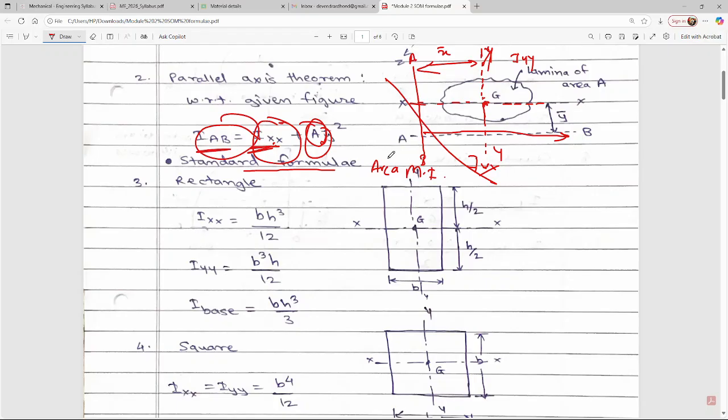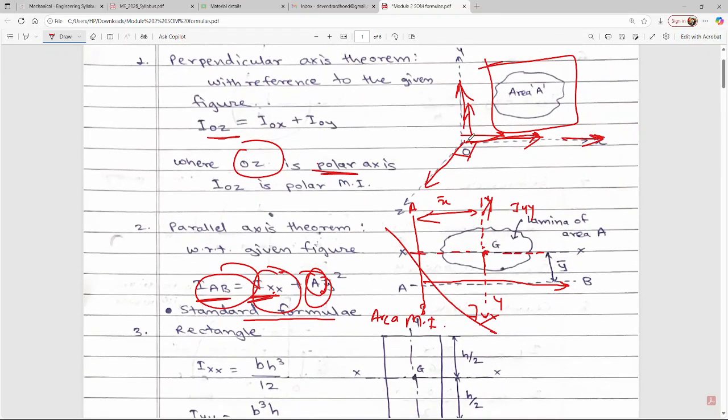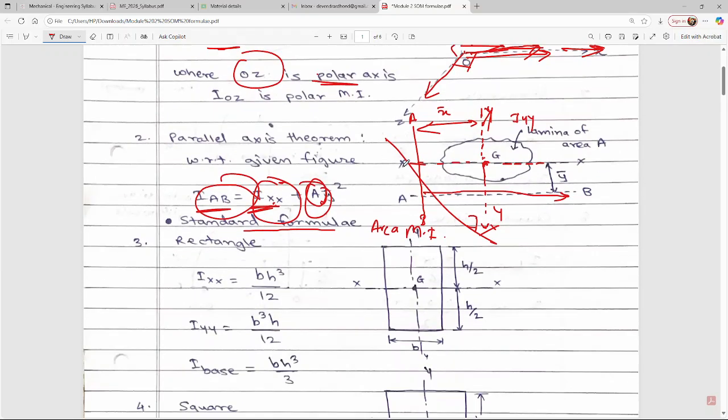If we find out any line's moment of inertia, then here is OX. You see, it's not a centroidal line. It's also not a centroidal line. But when we find the moment of inertia with respect to that axis, we can easily find out the moment of inertia with respect to the perpendicular axis, means polar axis.